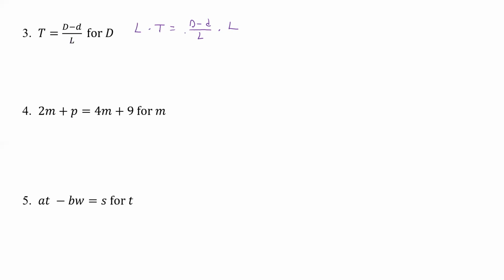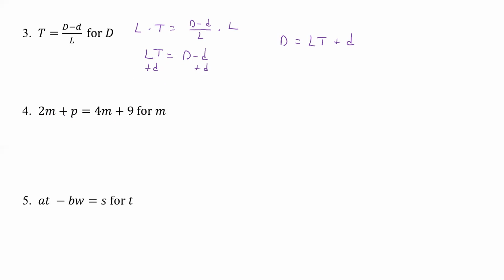So now we have Lt equals big D minus little d. Now I need to solve for big D, so let's add little d to both sides. And so big D equals Lt plus little d. And now I have solved my formula for the capital D.